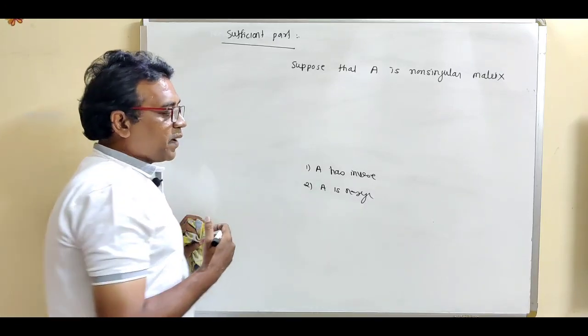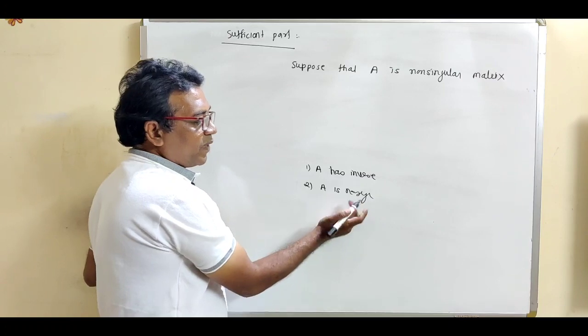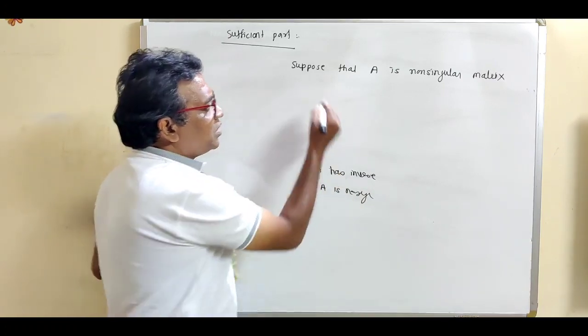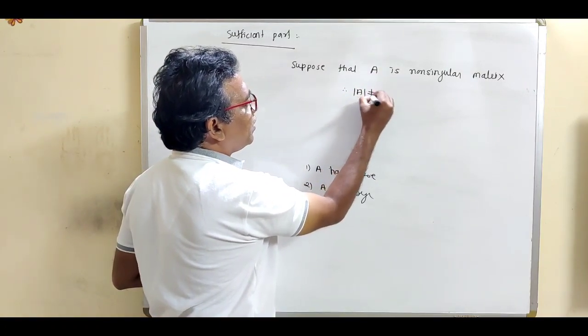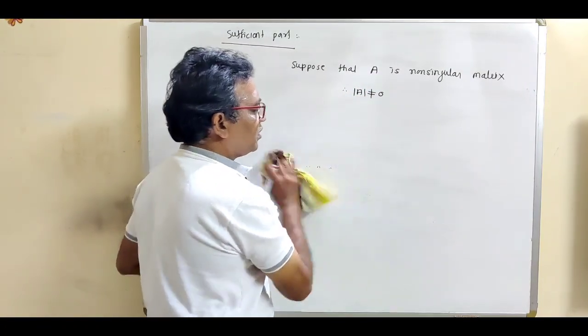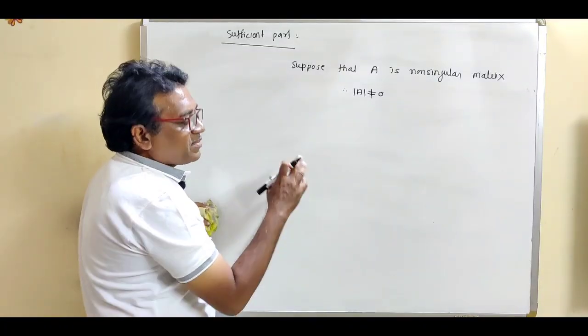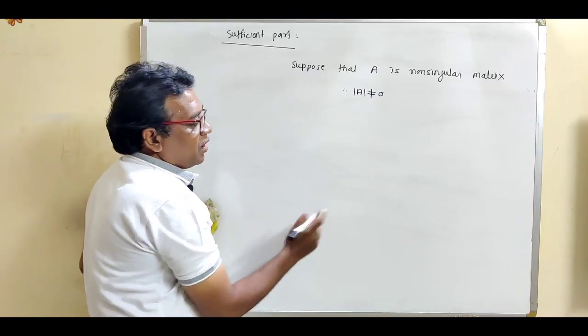Now what is the converse part? Suppose that the matrix A is a non-singular matrix. Now use this condition and prove that the matrix A has inverse. So non-singular matrix means determinant of A not equal to 0. Now see, we have seen one result on adjoint of matrix.